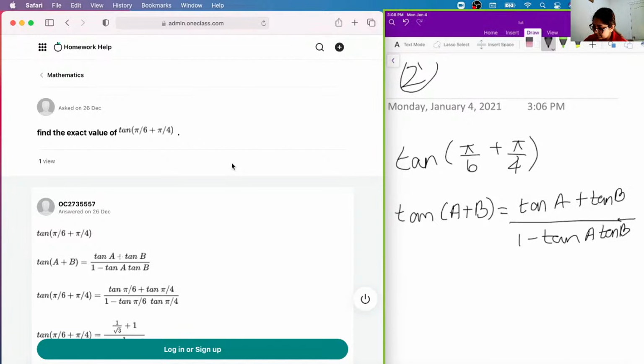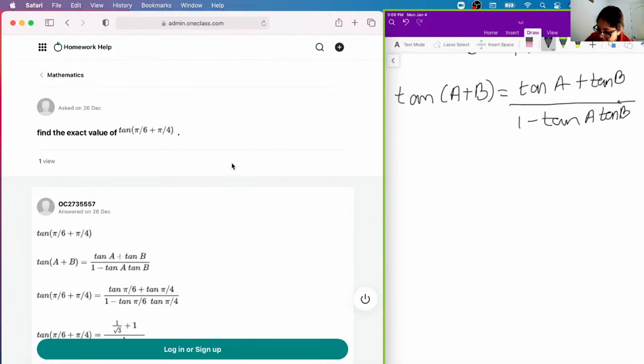So we can rewrite this by saying tan of pi over 6 plus pi over 4 is equal to, let's say that A in this case is pi over 6 and B is pi over 4. We just substitute it into this equation.